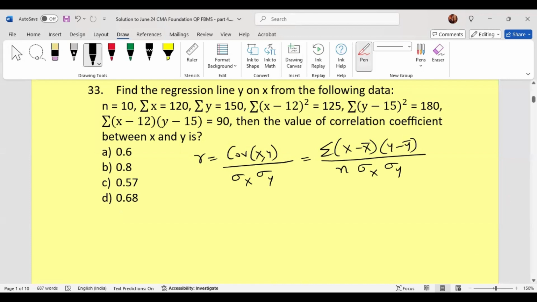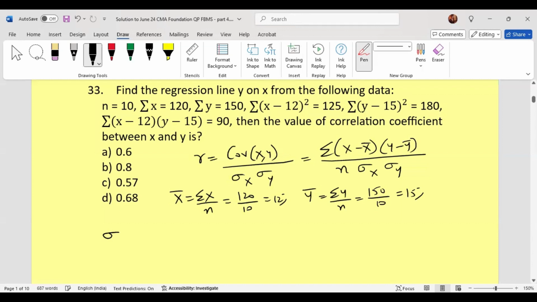Here n is 10 and we need to check what is x bar. X bar is sum x by n, which is 120 by 10, that is 12. And then y bar is sum y by n, which is 150 divided by 10, and that is 15.